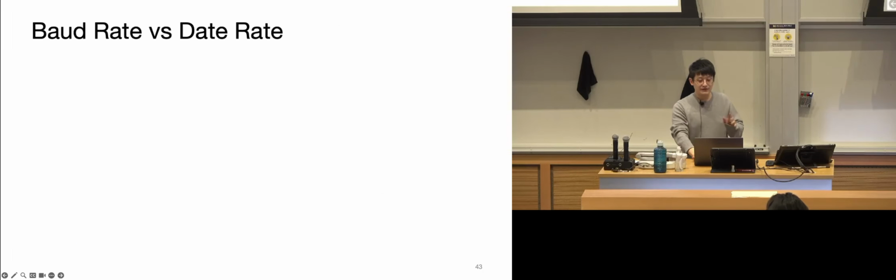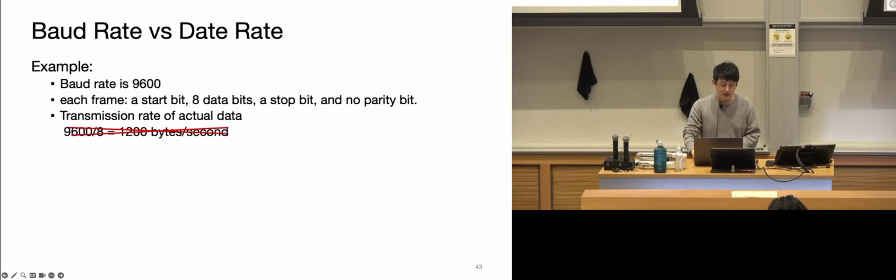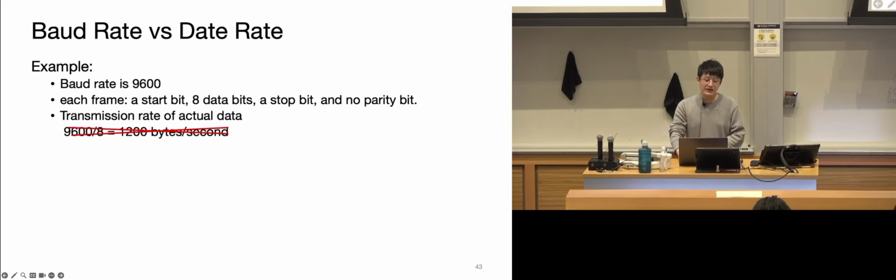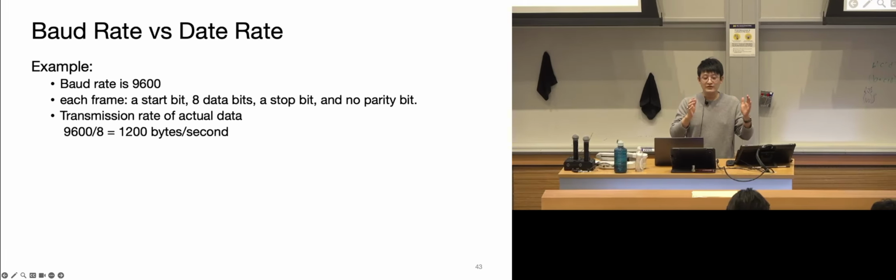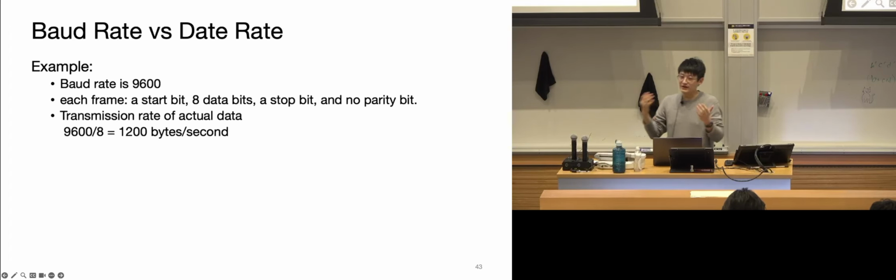There is some slight difference between baud rate and data rate. I'm just gonna put it out, but basically, if we say we have a baud rate of 9600, each frame of data has a start bit, data bits, and a stop bit. In this case, we just say there's no parity bit. The parity bit is one bit that shows whether the data has an odd or even number of ones.